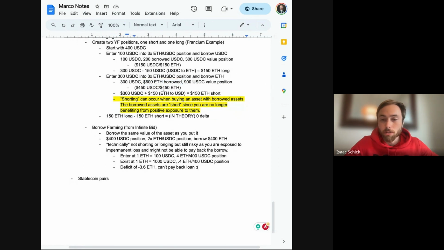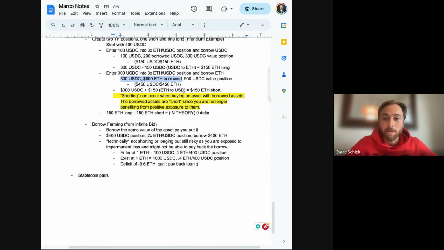So the total position being 450 ETH and 450 USDC means that we have a difference in our starting capital of 300 USDC and $600 worth of ETH of 150 USDC that's going to need to be added to the USDC side. So that 150 USDC is going to be subtracted from our ETH borrowed capital. So we're going to take 150 of our $600 worth of borrowed ETH, and we're going to buy USDC.